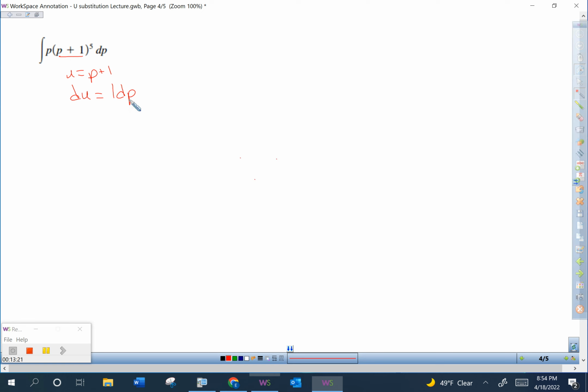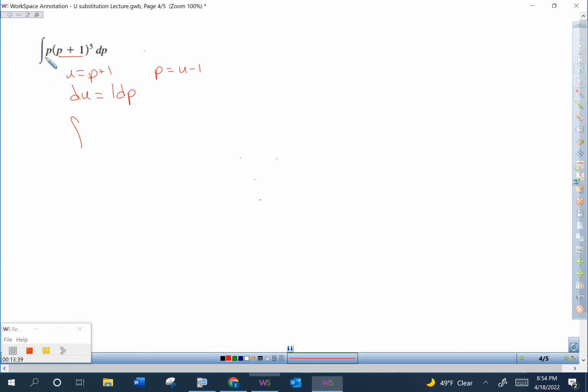So instead of manipulating the second part, we actually have to manipulate the first part. Our job is to get something that looks like p happening. To do that, you just get p by itself here, subtract the 1 over. So p is going to be u minus 1. So we actually have to make a substitution with 3 parts here, all of them, not just 2 of them.